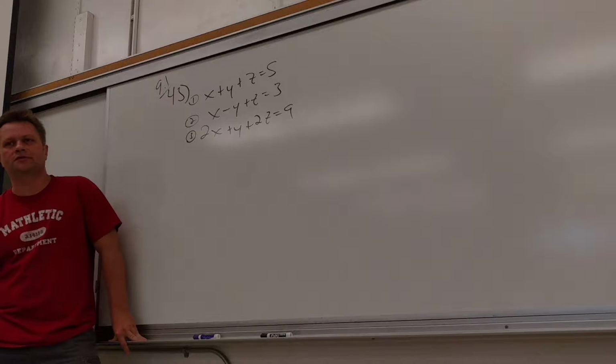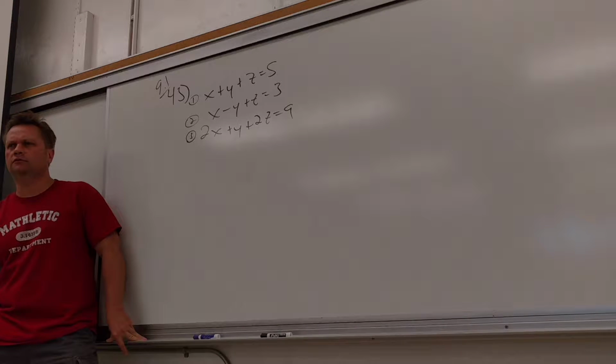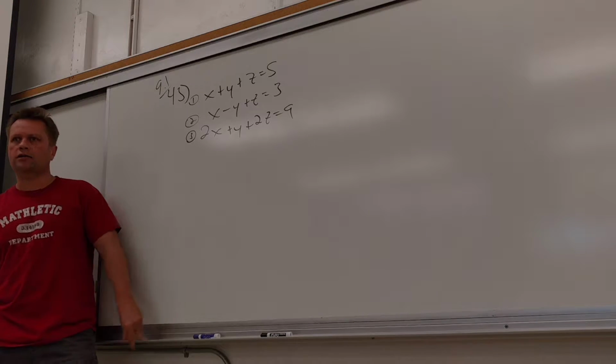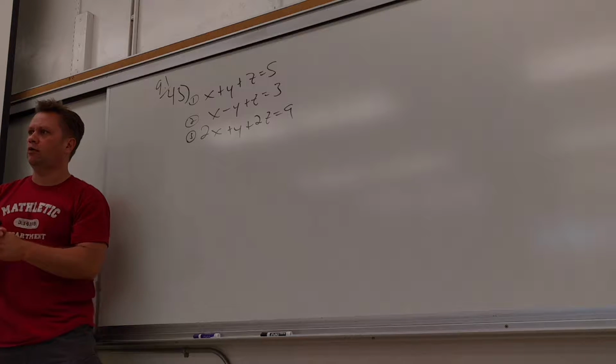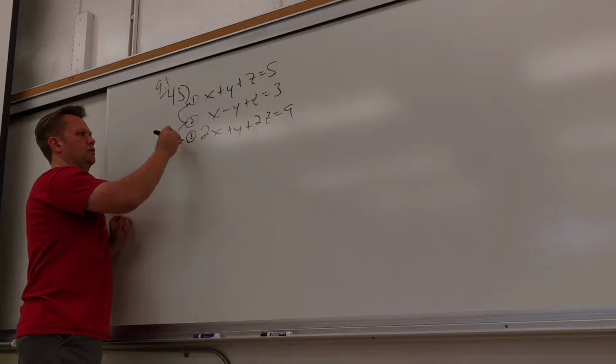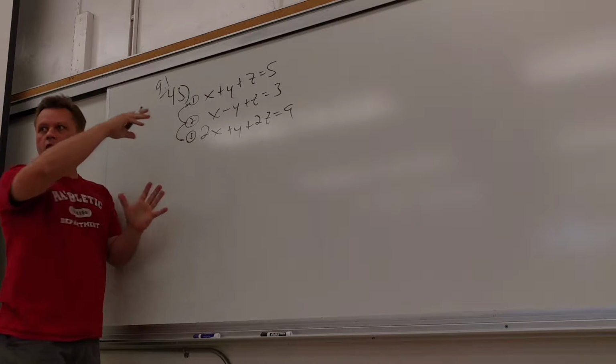Does anybody notice something interesting? Sure, okay. Alright, so we'll go with that. First thing somebody said, I'll go with that. So the nice thing is if I add 2 to 1 and 3, it'll kill the y's there, right?